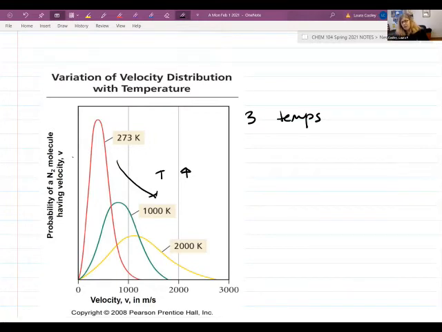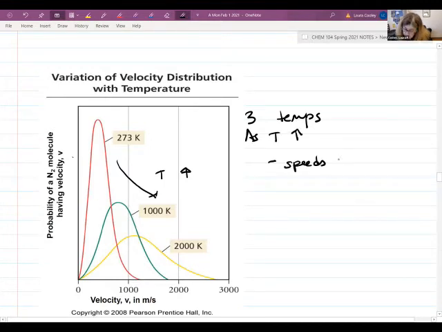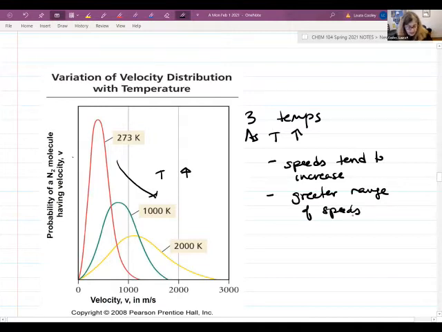The bulk of molecules will move at higher speeds. So the speeds tend to increase, we have a greater range of speeds, and you will also see, of course, that the curves flatten because of this.